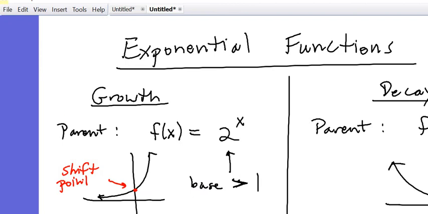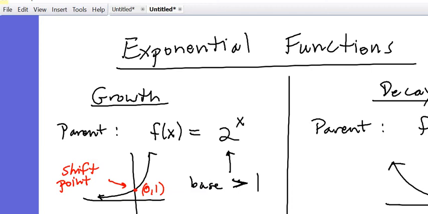I call it the shift point because this is the point that we're going to use to do our sketches. When we are graphing an exponential function without using a table, we're going to need to know how to get some points without doing the table.